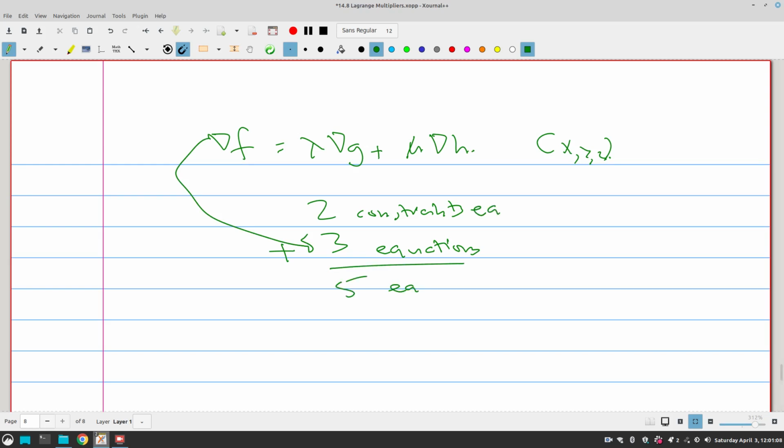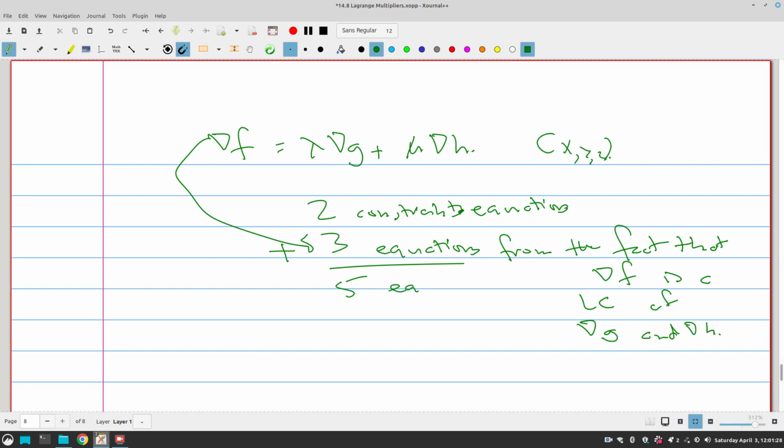These are two constraint equations, and 3 equations from the fact that del f is a linear combination of del g and del h. So you've got 5 equations, right?